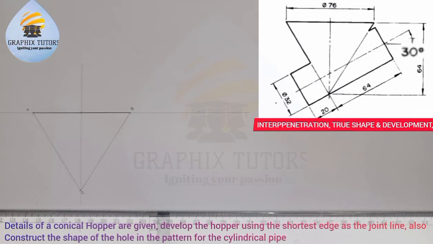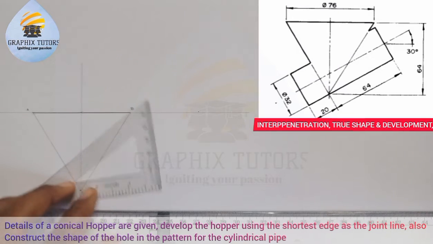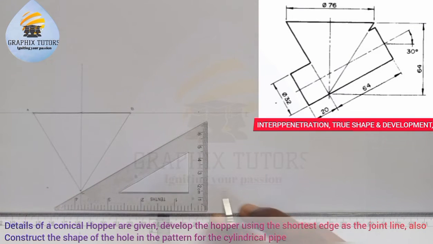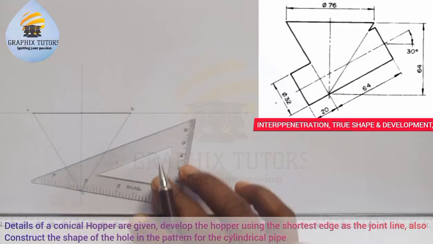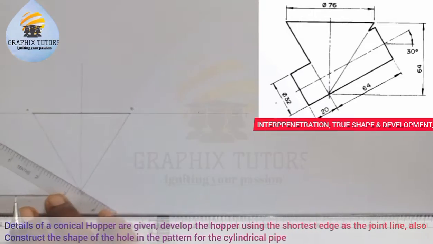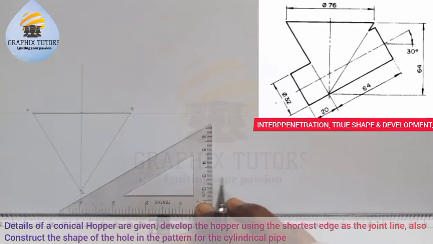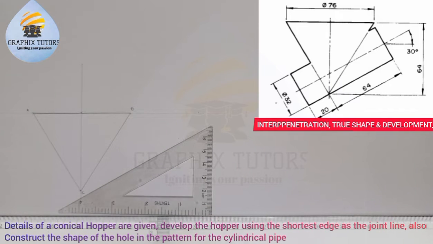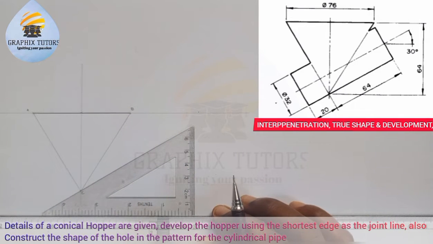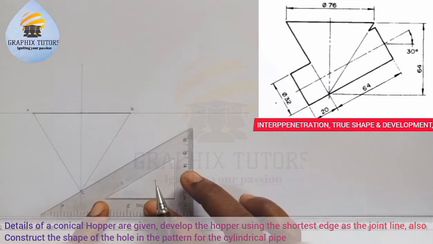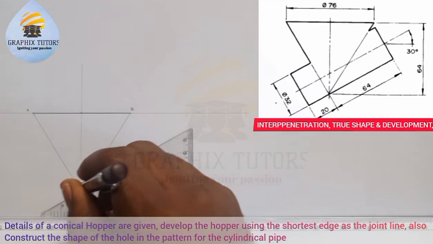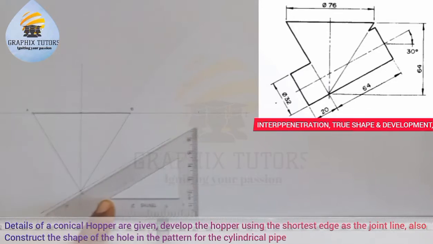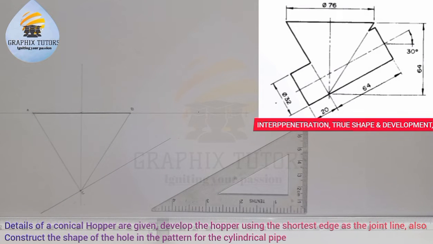So when I place my T-square in this manner, it is an angle of 30 degrees. Is that okay? And I'm going to draw a line this way. You can see that? So it's meeting at this point.